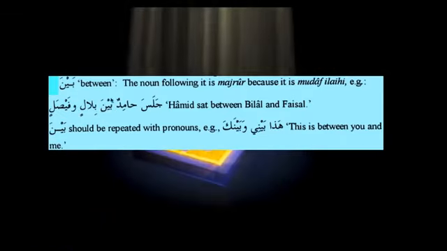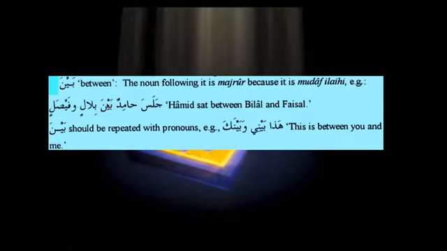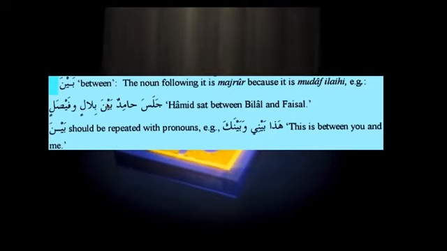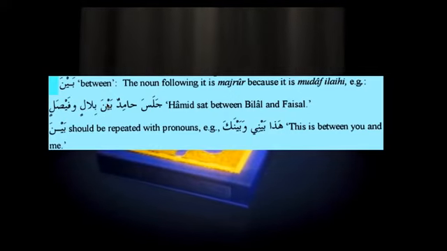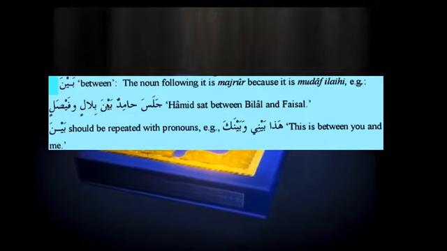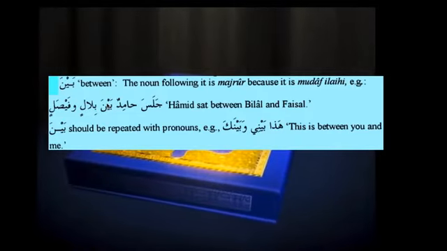However, baina has a special characteristic, that's why it's been mentioned here separately, because whenever a pronoun is attached to baina, like bainahu, bainaha, bainahum, bainahuma, bainahunna, bainaka, bainakum, bainaki, bainakuma, bainakunna, baini, bainana. So whenever there's a pronoun, then the baina is repeated between the two pronouns. For example, if you say hadha baini wa bainaka, this is between you and me.